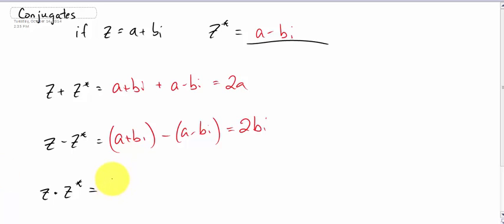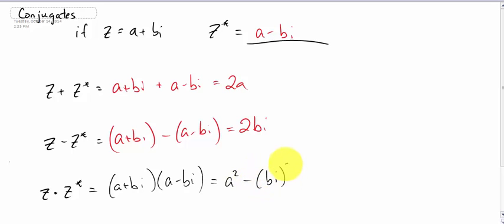Well, here we're going to have (a plus bi) times (a minus bi). And if you look at that, that looks like the factorization for a difference of squares. So this is a squared minus (bi) squared, which would be a squared minus b squared i squared. But i squared is negative 1, so this is a squared plus b squared.